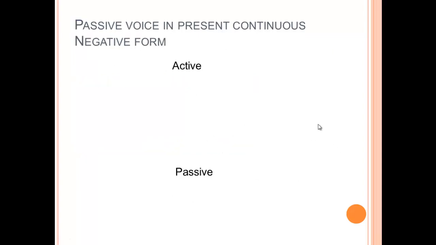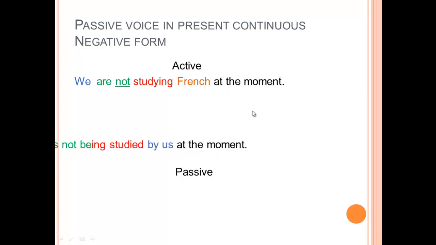Okay, now let's take one sentence in the negative form. Here we go. We are not studying French at the moment. Okay, let's analyze it. We is the subject. Are not studying is the verb in the negative form. Here we go. Are not, verb to be plus not plus verb with ing. French is the object, which is singular, at the moment. Let's make it into passive voice.